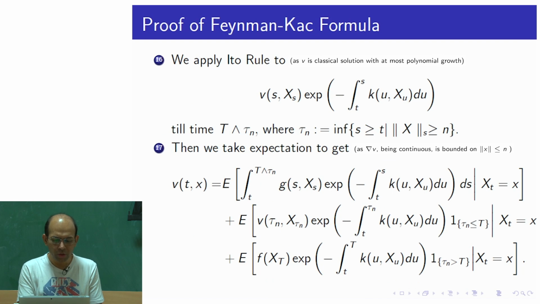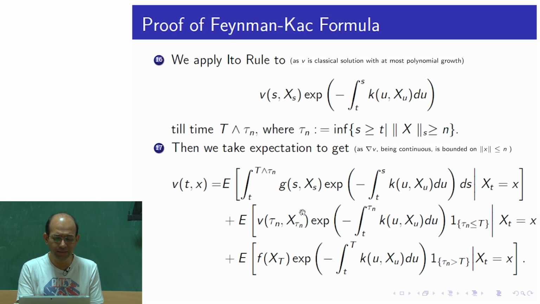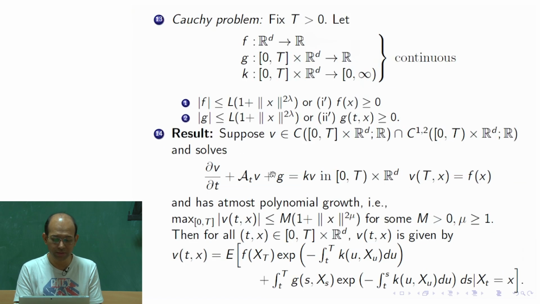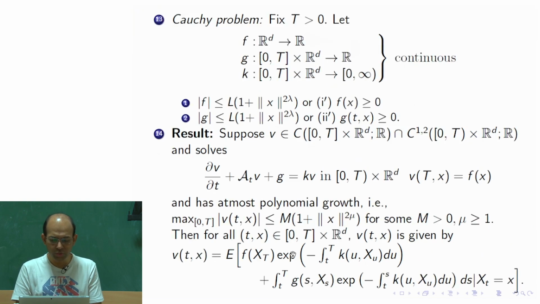So here also I have exactly the same integrand, g(s, x_s) times e to the power of minus the integral of k. The only thing is that here I have capital T minimum τ_n, here I have capital T. So I need to get rid of this τ_n, and this term I need to send to 0.